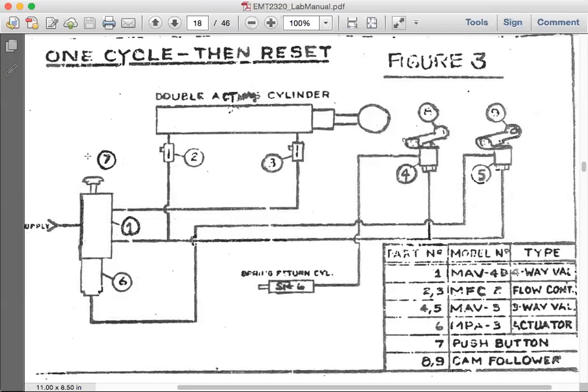Okay, so when the stem is up, it means the pressure is no longer coming through the bottom hose, but is only at the top hose. So if the stem is up, all this hose is venting. So the pressure from the left chamber of the double acting cylinder is venting. The pressure from the bottom of number 4 and bottom of number 5, everything is venting.